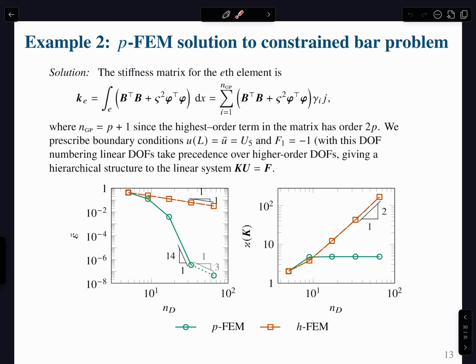And again, I have to say that this is only the case in 1D. When you go to higher dimensions, the condition number is not going to be so friendly for p-FEM either. For h-FEM in higher dimensions, we can still expect to see something that increases as h to the power of minus 2. But in the case of p-FEM, it's not going to remain constant.